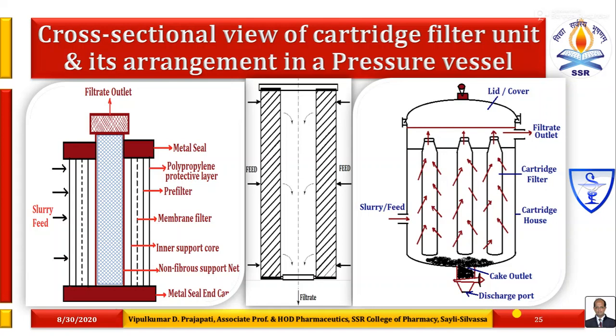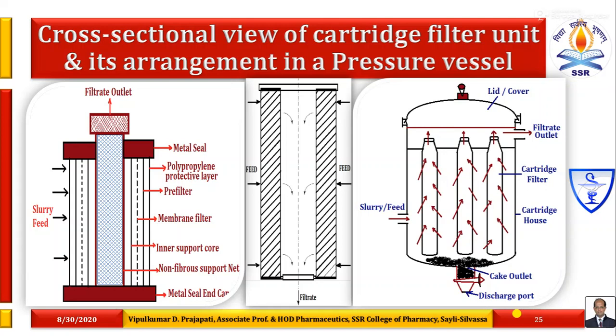So the pre-filter and membrane filter are combined into a single unit. Hence filtration is mainly sieve-like and the particles are retained on the surface. The membrane is responsible for removing the solid particles, and the fluid passes through it inside the central core, and the filtrate comes through the filtrate outlet.